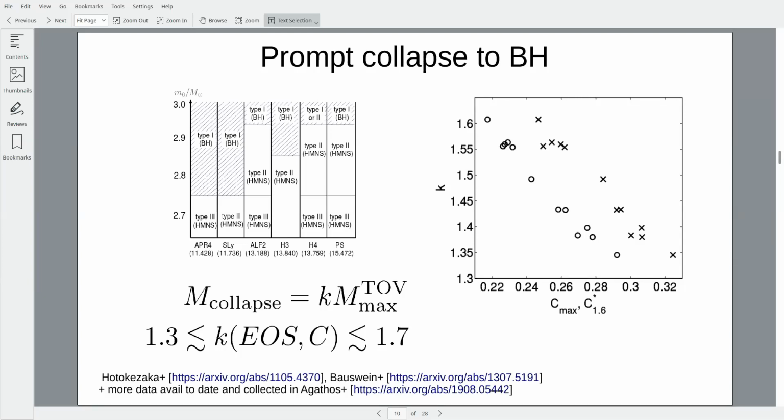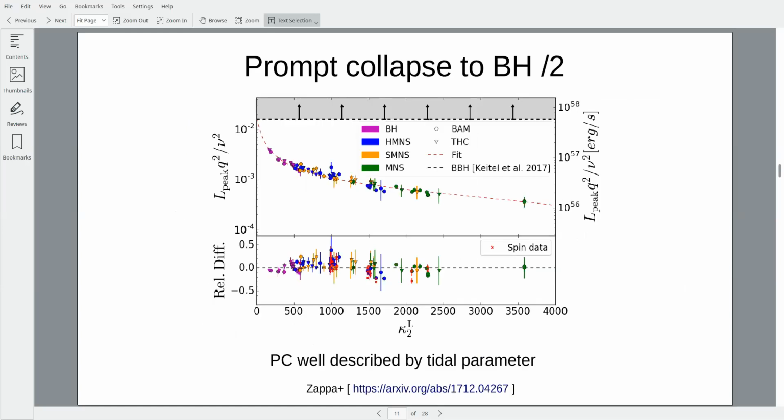It turns out that this is not a constant, of course, but it can be parameterized rather accurately in terms of spherical star quantities for the same equation of state. This is an approach that has been taken by various authors, and it seems to be successful, at least for comparable masses, say equal-mass mergers.